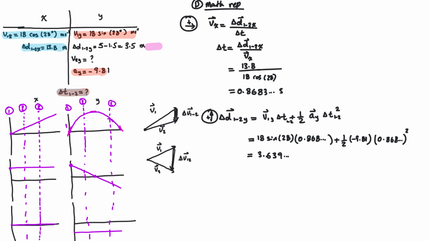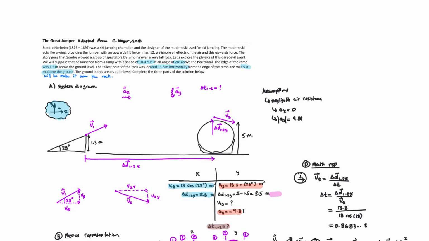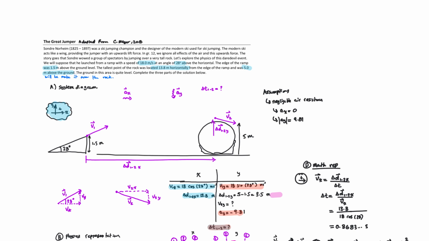So rounding this to proper number of significant figures, my displacement, or all distance is fine, is going to be approximately equal to... I believe the lowest number of significant figures in this question is 2, just going back and checking and making sure. I have 18.0, which has 3 significant figures, 28 has 2, 5.0 has 2, 1.5 has 2.